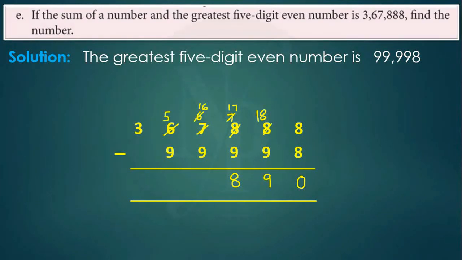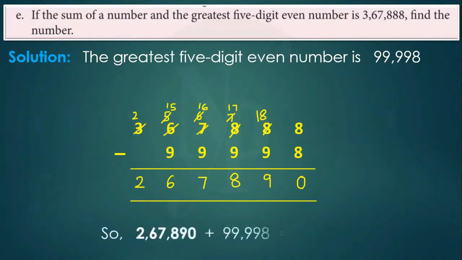Subtracting 9 from 16 you get 7. Again you have to regroup. This will be 2 and you make this 15. Now subtract 9 from 15, you get 6. Here 2 is left. Write 2 here.